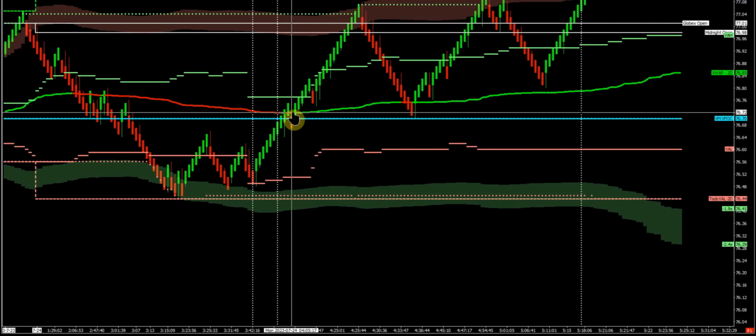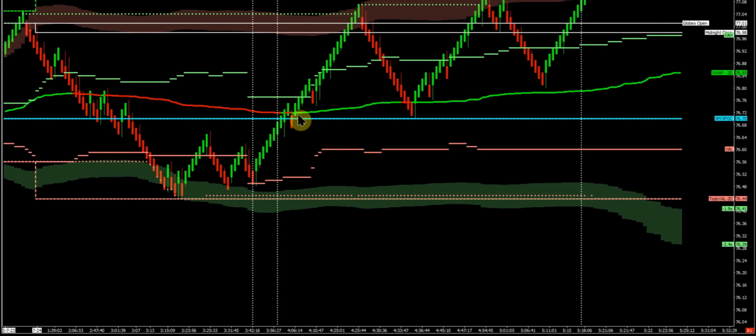You have to sit through that pullback right there. If you get stopped out because your stops are too tight, then you enter again. We go again. Now it's turned green.